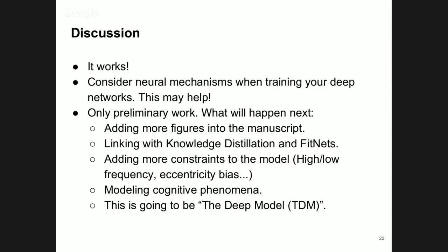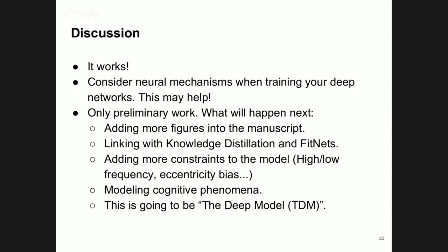To optimize some loss functions, and also to make the network more similar to what the brain does, I may want to add more constraints, for example, the high-low frequency of the input and the eccentricity bias, or something like that.